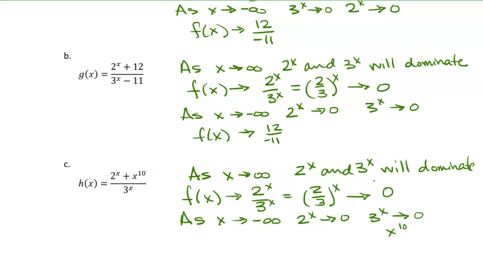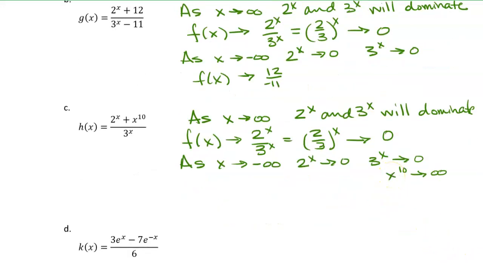So we essentially have almost like an asymptote, but we're dividing something going to infinity by 0.